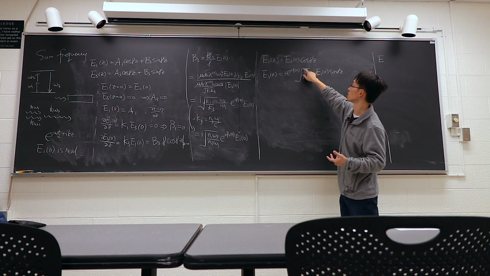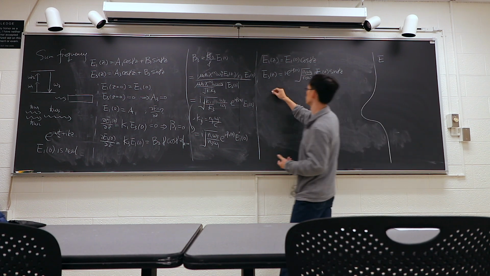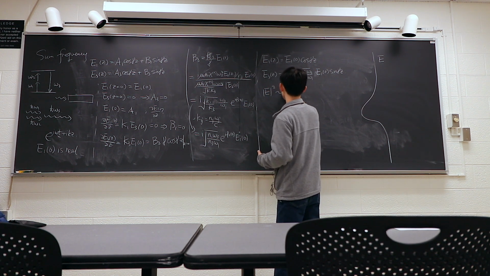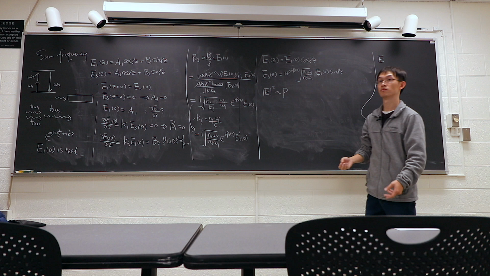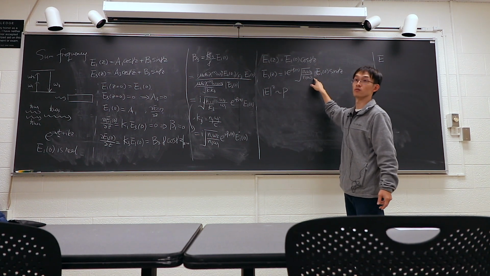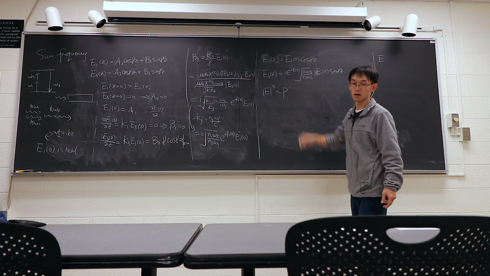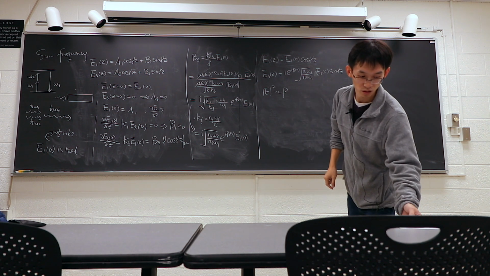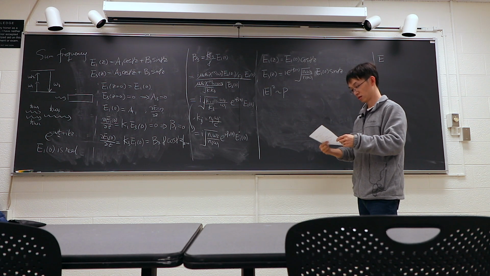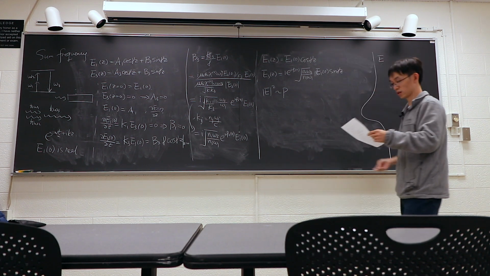And the reason it has a square root is because this goes to power, so when you square this, you get omega 3 divided by omega 1. Okay, and then let's see, do we have this here? Yes. So let's actually calculate this.